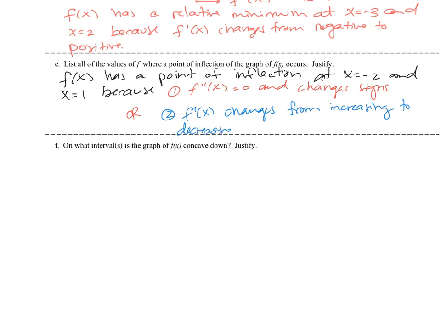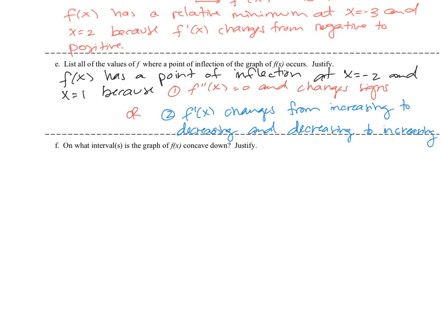That is how you get that relative max for f prime, and decreasing to increasing, and that's how you get that relative min at f prime. Okay, so either of those two options would be valid conclusions.